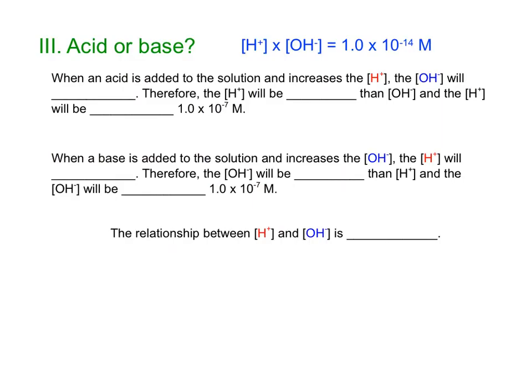So keep that in mind as we work through these fill in the blanks. So if we have an acidic solution, so we add acid to a solution, we're going to have a higher amount of hydrogen ions. Therefore, the amount of our hydroxide ions will have decreased.